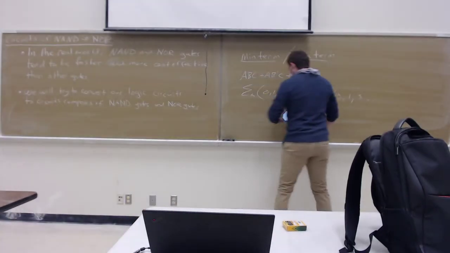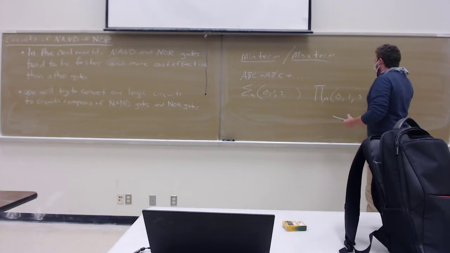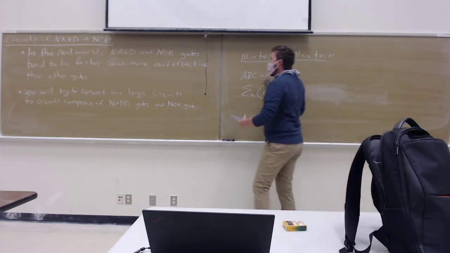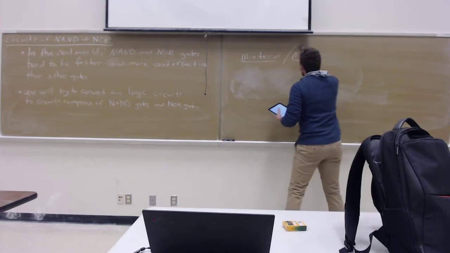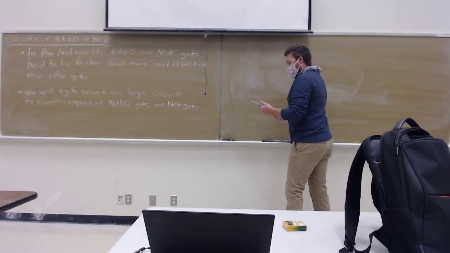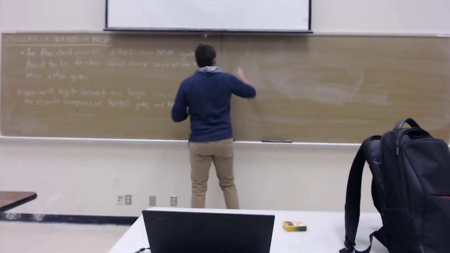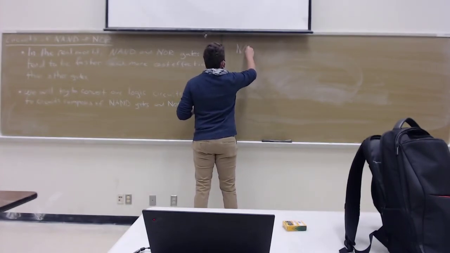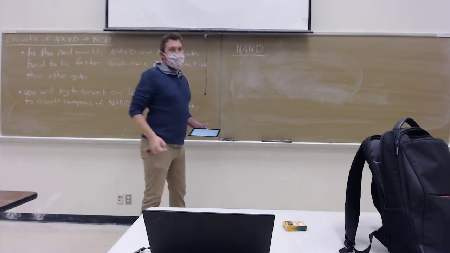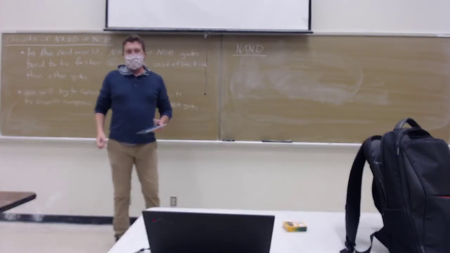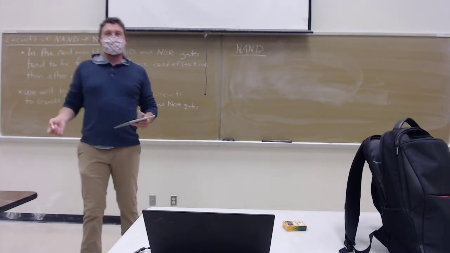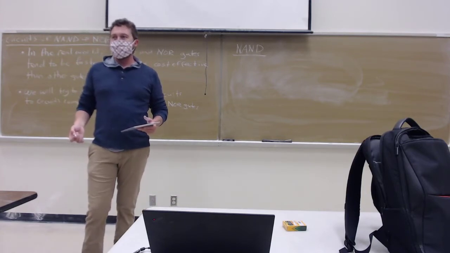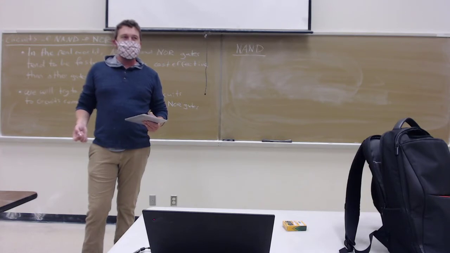Now, first, let's talk real fast about NAND gates and NOR gates, and specifically, how we transform a circuit to NAND gates and NOR gates. So first off, everyone can probably guess what a NAND gate is. What is it? Not and.